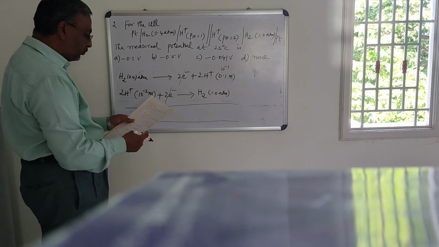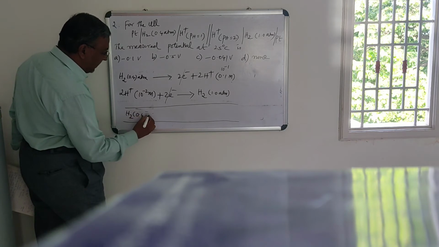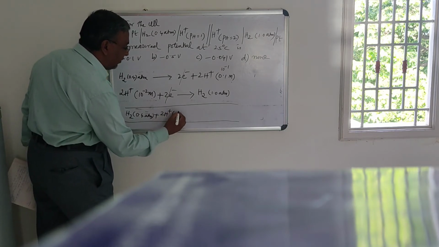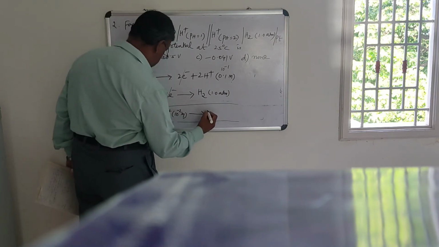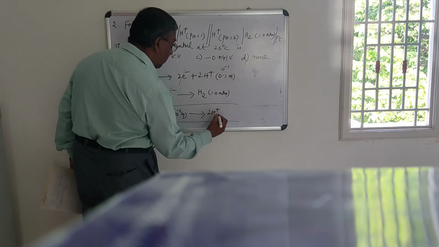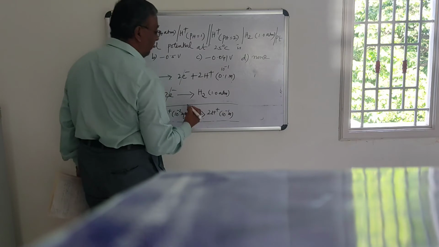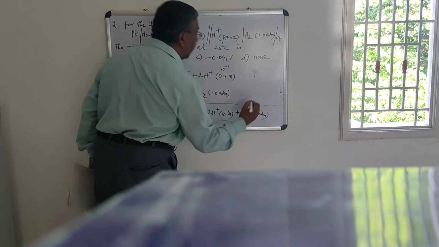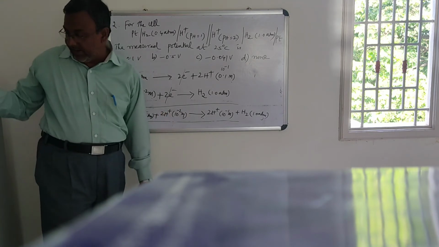Then I can write hydrogen of 0.4 atmospheric pressure plus 2H plus of 10 to the power of minus 2 M gives 2H plus of concentration 10 to the power of minus 1 M plus hydrogen gas of 1 atmospheric pressure. This is the total cell reaction.